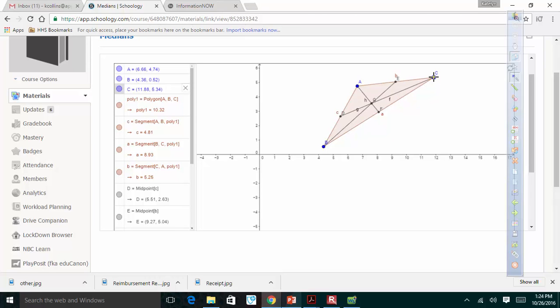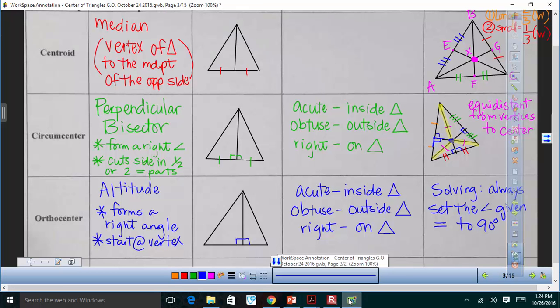Okay, what about if I make it perpendicular, make it a right triangle? So no matter what happens, it's where? Inside of the triangle. So that's what we're going to write. We're going to write for median, always inside the triangle.